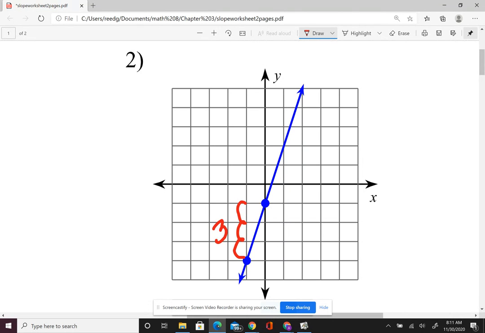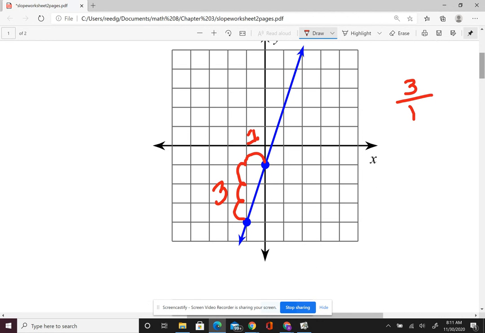And then over 1. And it's to the right. We went up and to the right. So our rise is 3 over 1. And they're both positive because we went up and to the right. If we went up and went to the left, it would be negative. But normally we go left to right.